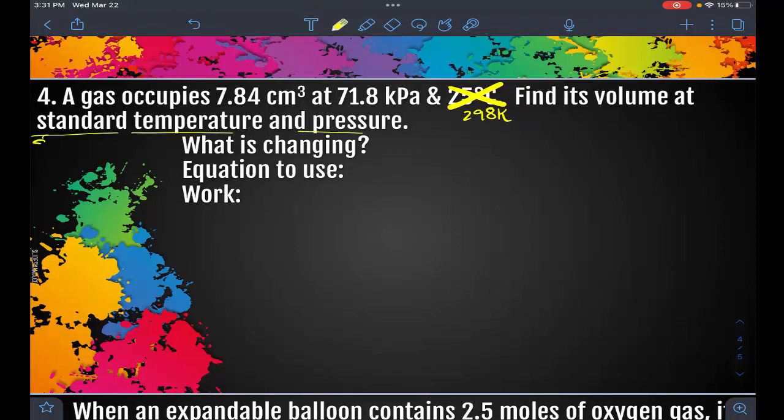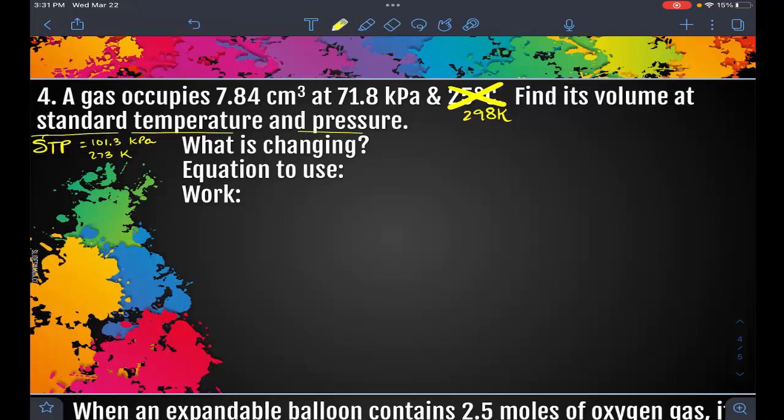All right. So we're going to remember, we talked about this earlier, STP, standard temperature and pressure, is 1 atm and 273 Kelvin. All right, so the pressure started at 71.8 kPa and it ended at 1 atm. So I'm going to switch to make the units match. I'm going to list my standard pressure as kPa, 101.3 kPa. That's an equal amount. Okay.